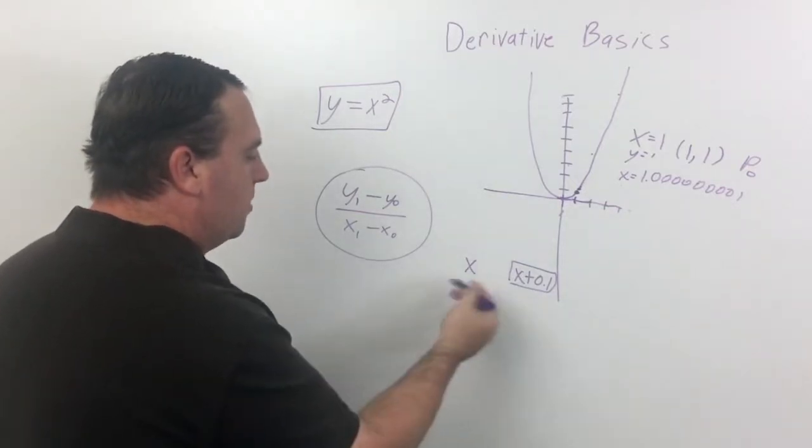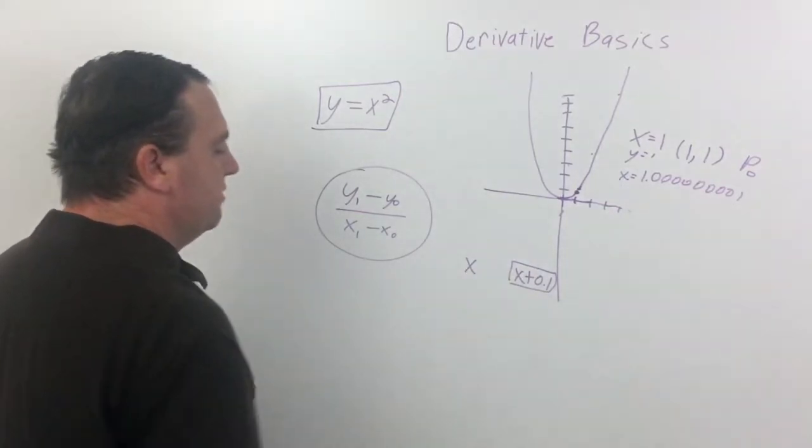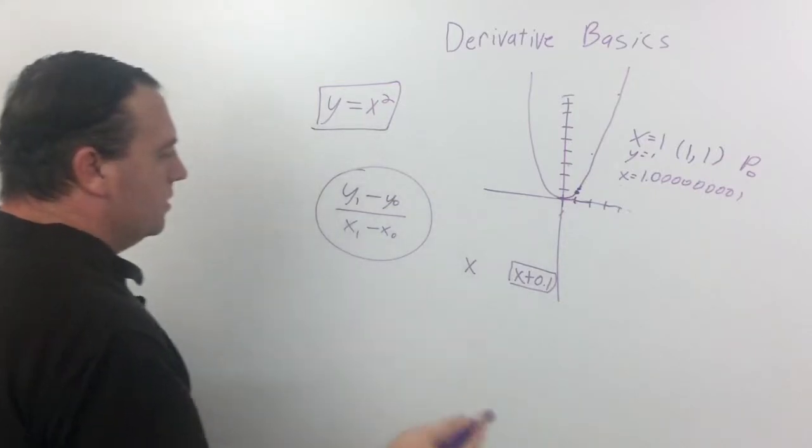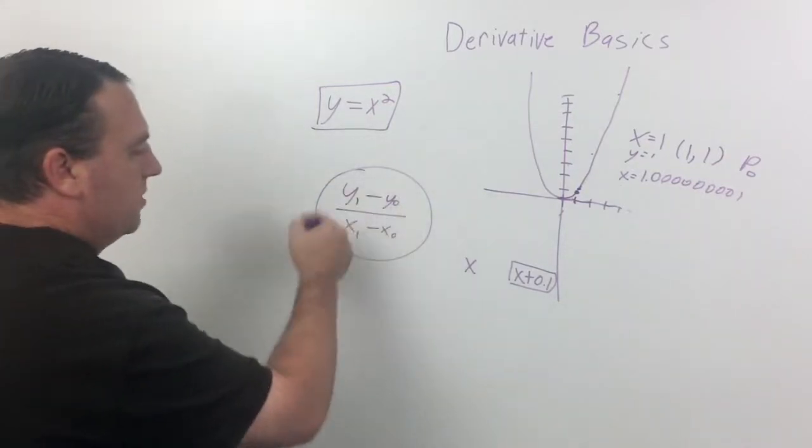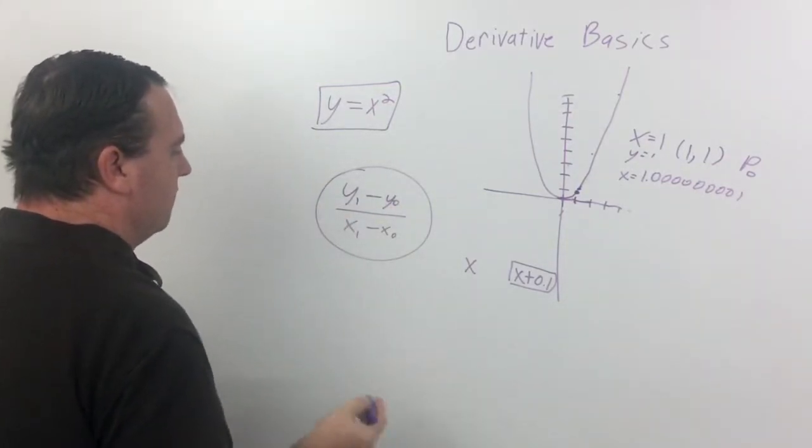What is the slope between the points generated here? Okay, so in this formula, what are we going to have?